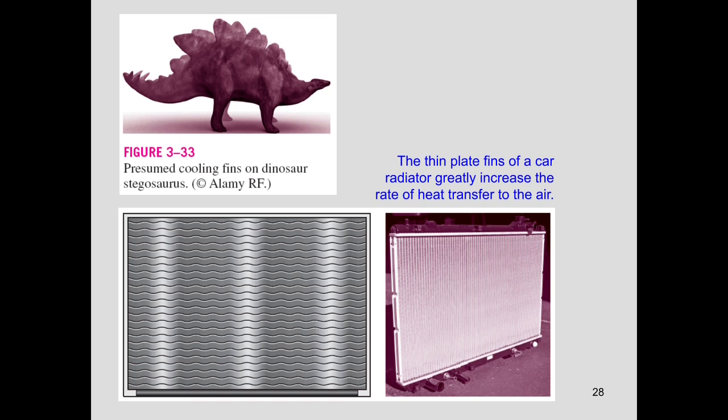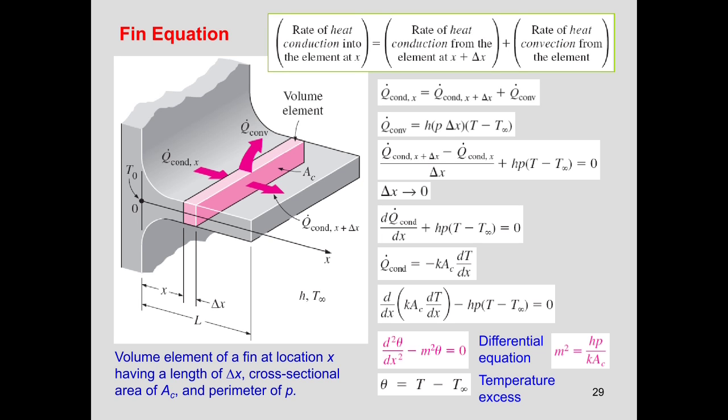Due to the large number of fins, the heat transfer rate is increased, and that heat is supplied to the air. This is a good example of heat transfer through an extended surface, or fins.